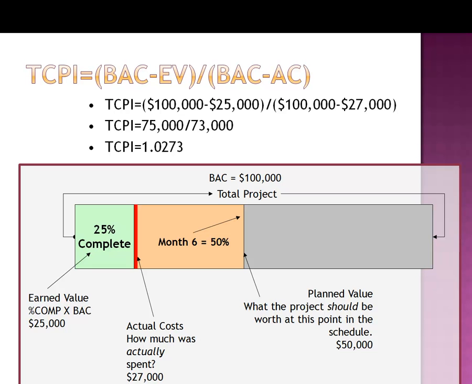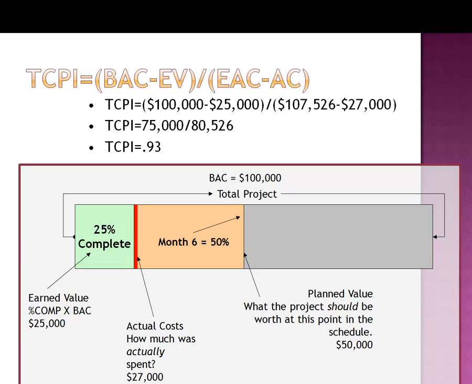And what that tells us is that we have a variance in this project, so it's unlikely we're going to be able to recover exactly the 100,000. The higher that number is, the more unlikely it is that you're going to hit the BAC.